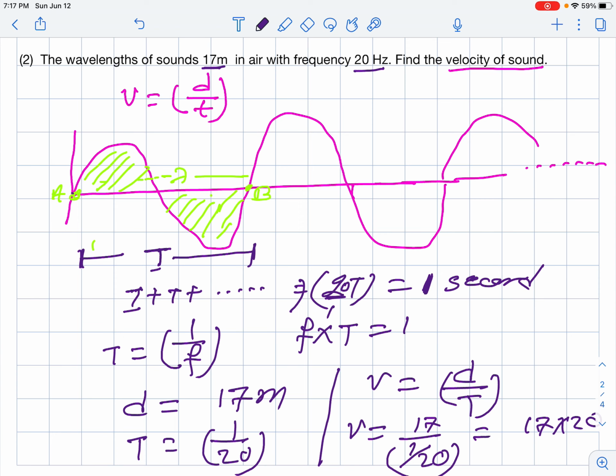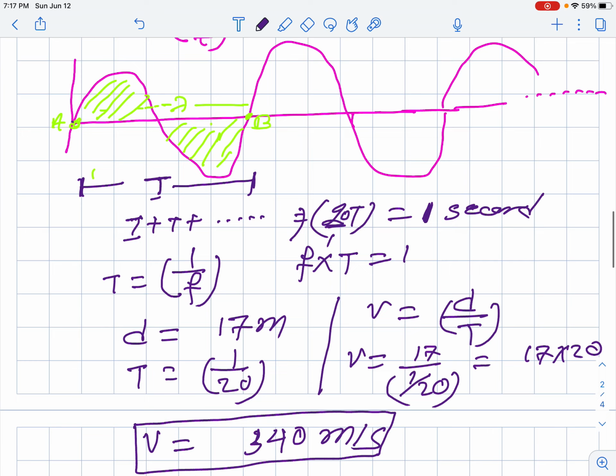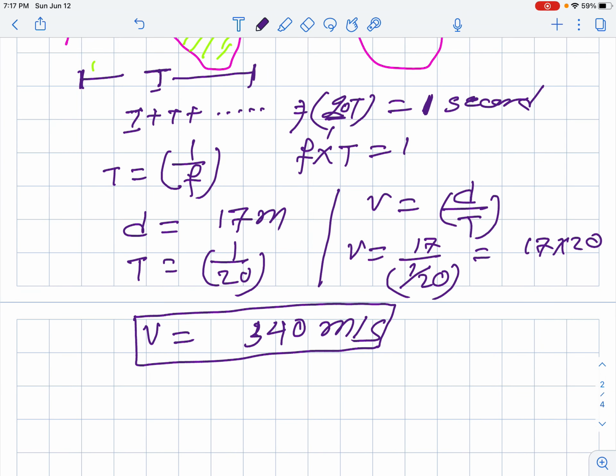Another problem: if the frequency is 100 hertz and the velocity is the same, you can pause this video and solve this problem.